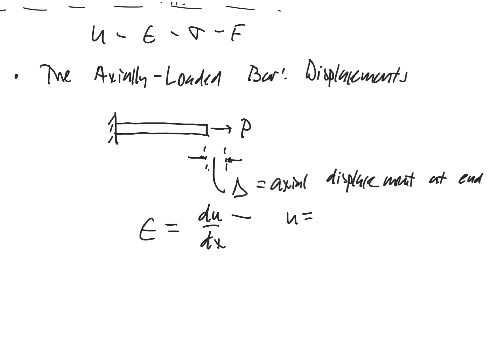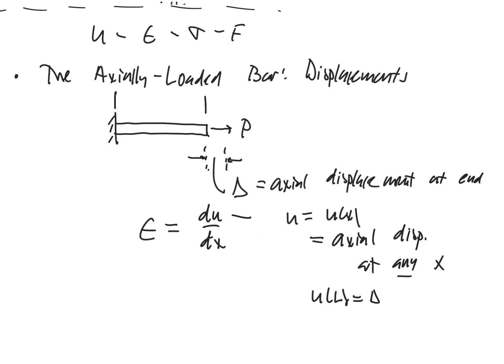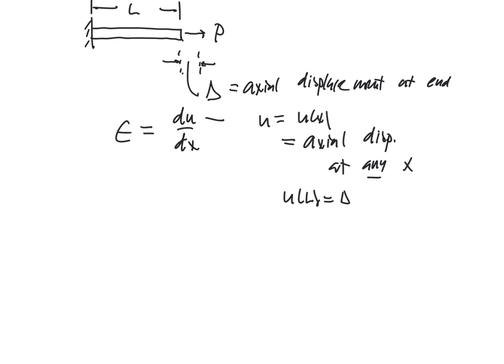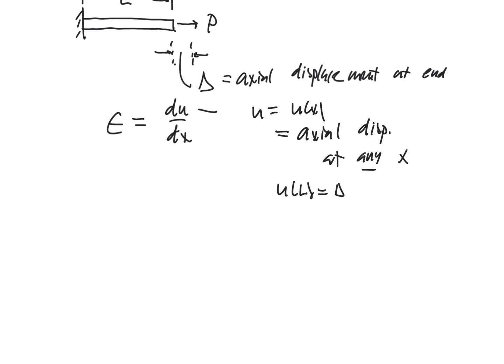So U is equal to U of x, and that means the axial displacement at any x. So we could really say that U at L was equal to delta. That's just one symbol that we're going to be using. And again, L is the length of our bar, like so. All right, so that is the symbol that we've got.